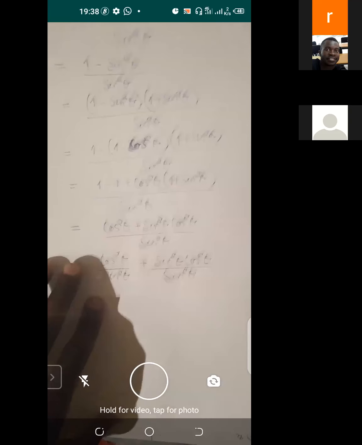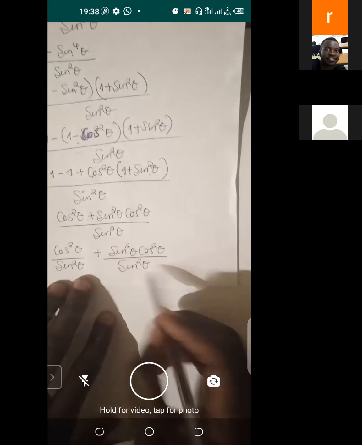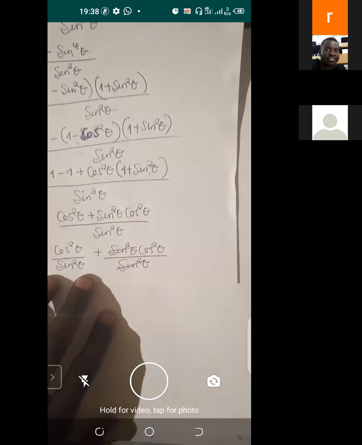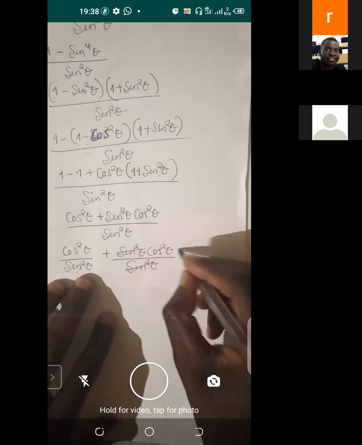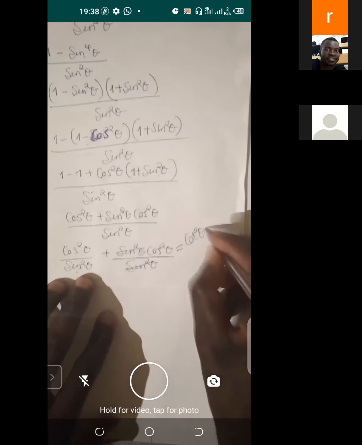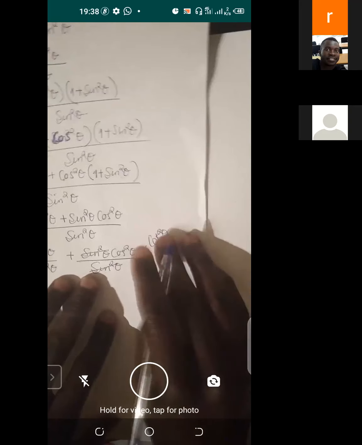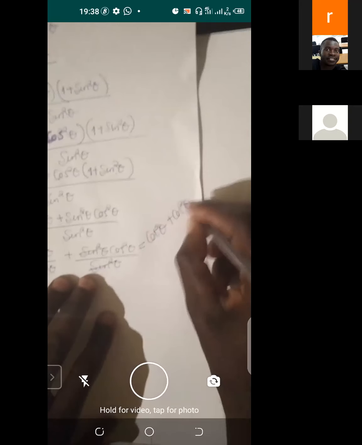So you see, this one here cancels that one. And this one here is very familiar, that is our cotangent function. So this is equal to cot squared theta plus cos squared theta. So we've shown.